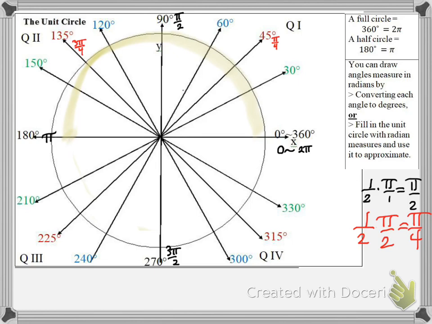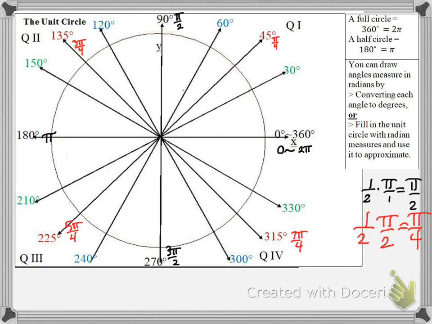Then I have 5/4 of pi, and I have 6/4 of pi, which reduces to 3/2, and I have 7/4 of pi, and I have 8/4 of pi, but that's just 2 pi.